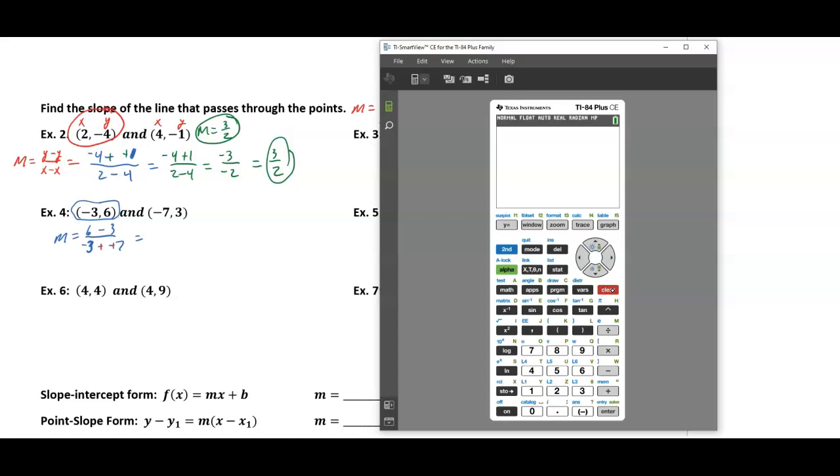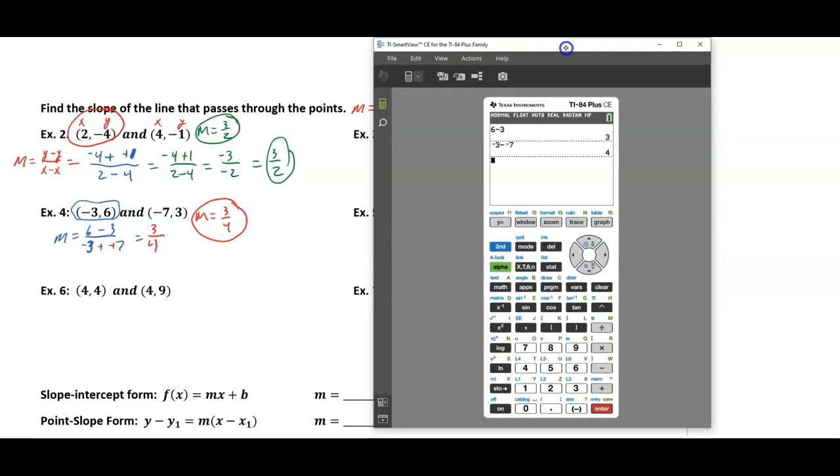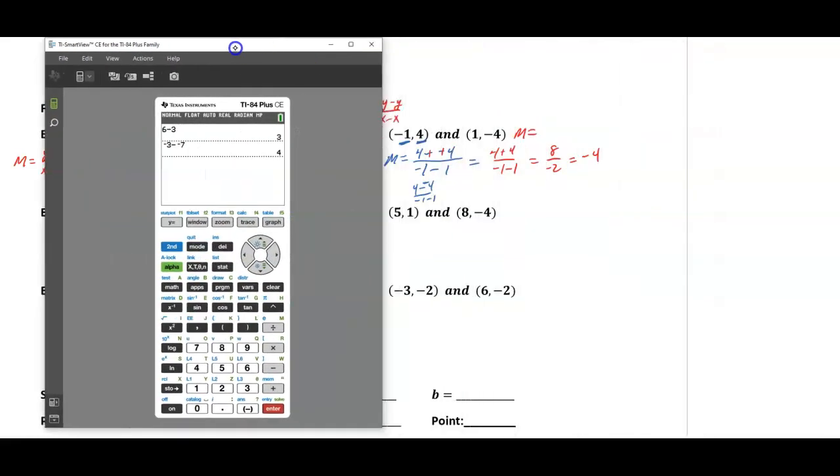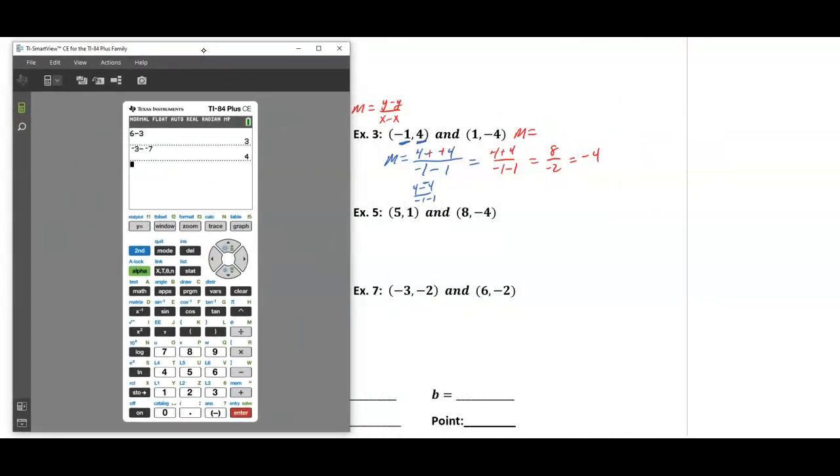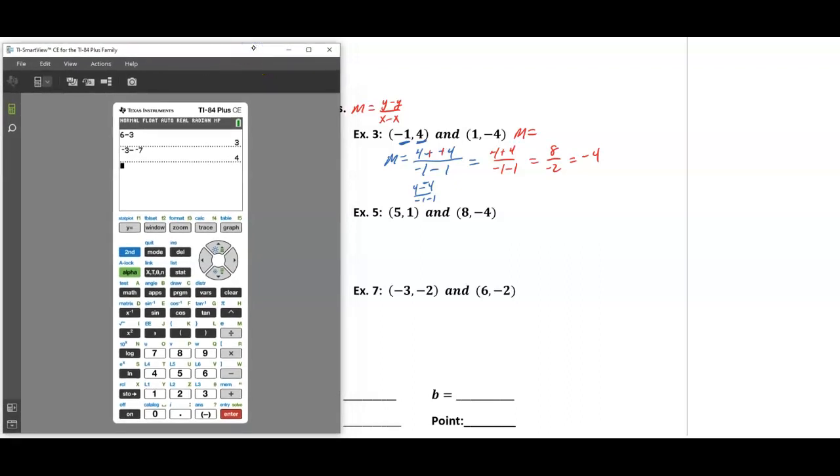And right away, I'm just going to go 6 minus 3, hit enter. That gives me 3 over negative 3 minus negative 7, which is the same as negative 3 plus 7. That gives me 4. So right away, I know the slope of this line is 3/4. Okay? If you're not good with the adding and subtracting, use a calculator.